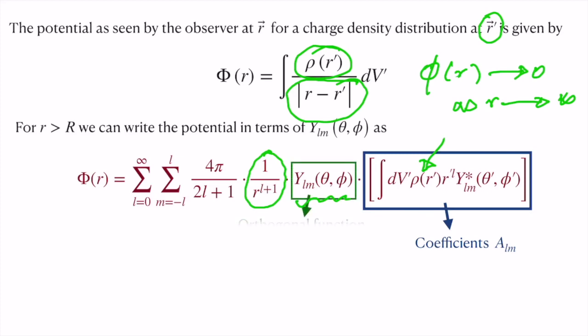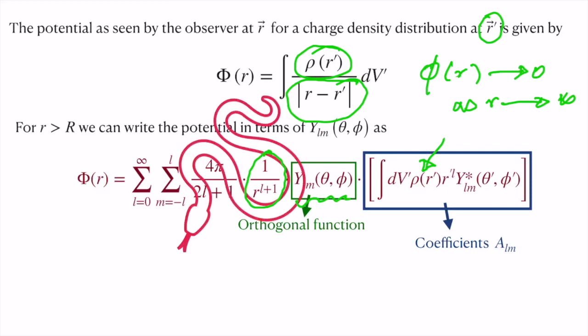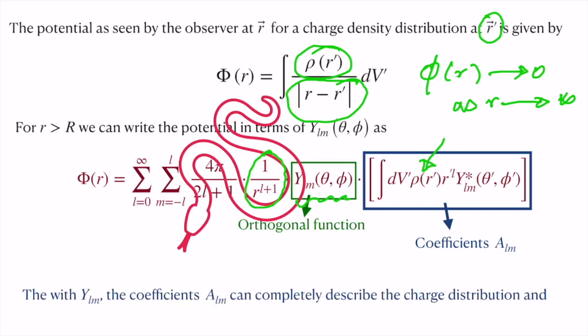And you see that the angular dependency of your potential comes through the Y_LM, and the magnitude comes because of this 1 by r to the power l plus 1. So for a given order, you have your potential falling as r to the power minus (l plus 1), and that is what makes it interesting to have various approximations, and that is what we are going to see.